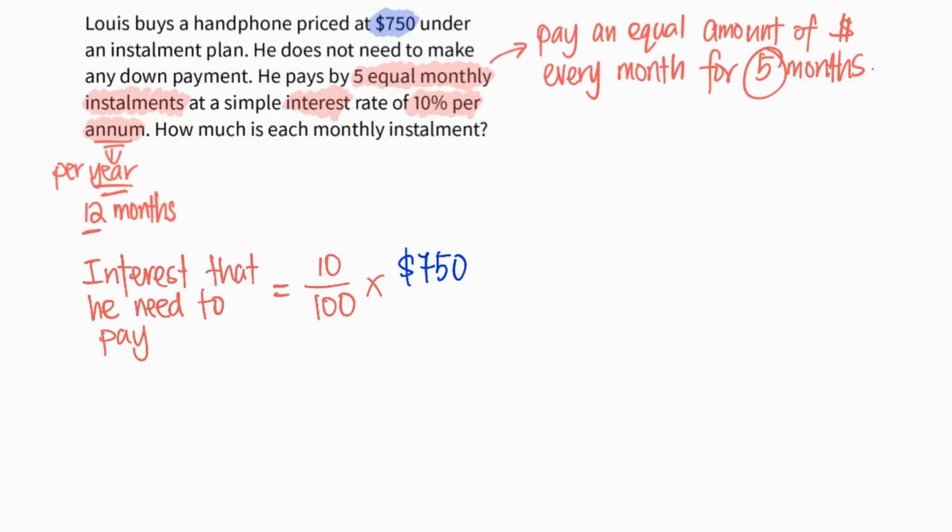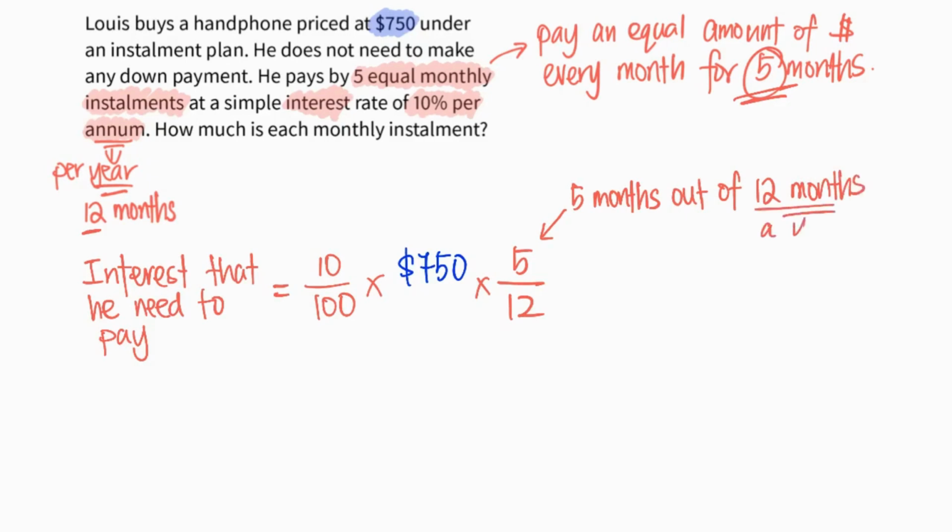So if we are only going to pay for 5 months, it will be 5 divided by 12, 5 months out of 12 months, which is for a year. And this will give me a value of $31.25. This is the extra money that he has to pay.